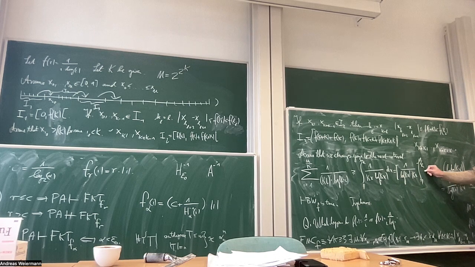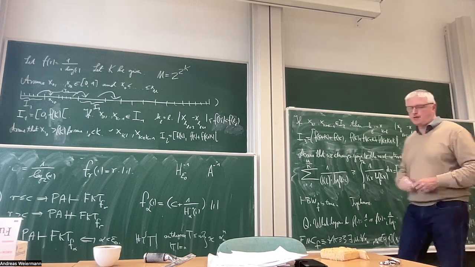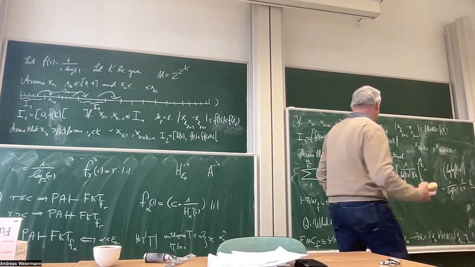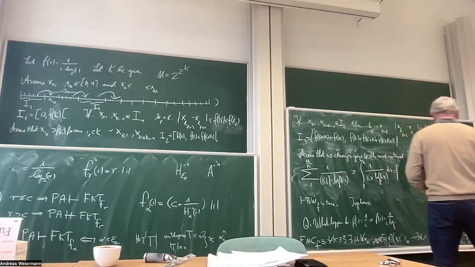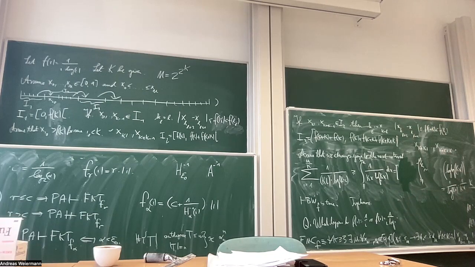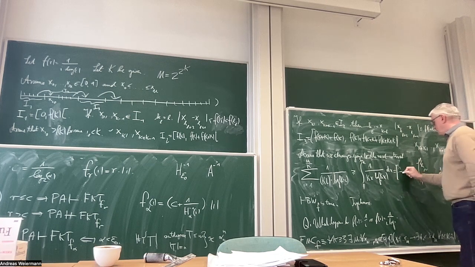And this is basically what? Oh, it's primitive. I'm wrong here. I have to plug in here what? So if I have here 1 divided by k, this disappears. So I have to take the primitive of this term, 1 divided by k log of x.